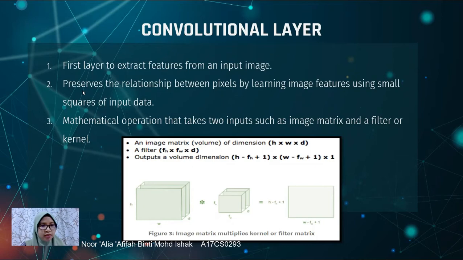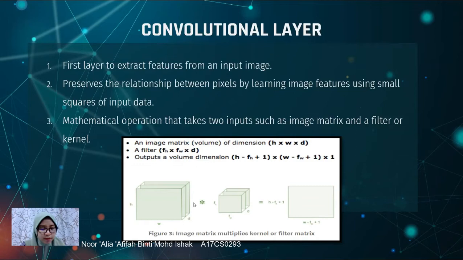It functions to preserve the relationship between the pixels by learning image features using small squares of input data. The operation for the convolutional layer takes 2 inputs, the image matrix and the filter, also known as the kernel. This is the diagram of the convolutional layer.